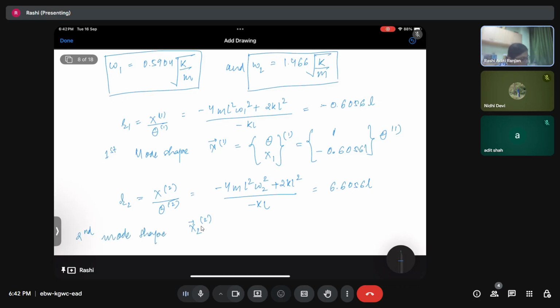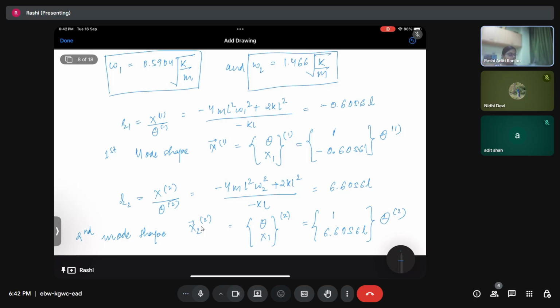It will turn out to be 6056 L for the second θ.